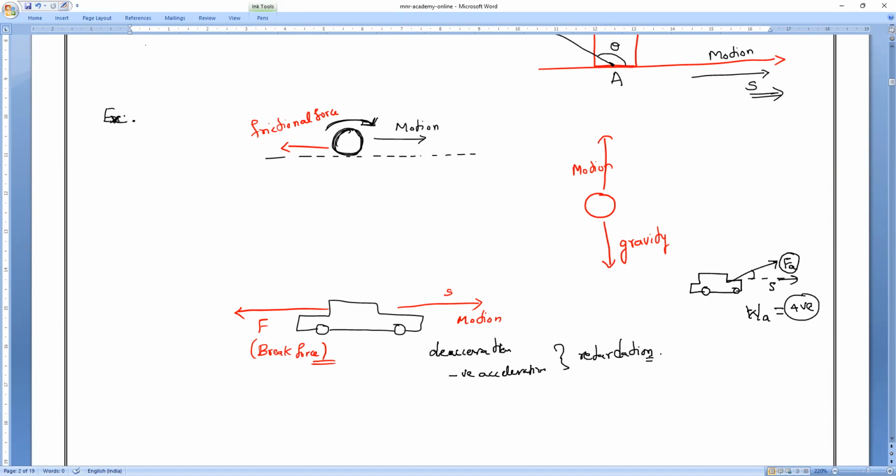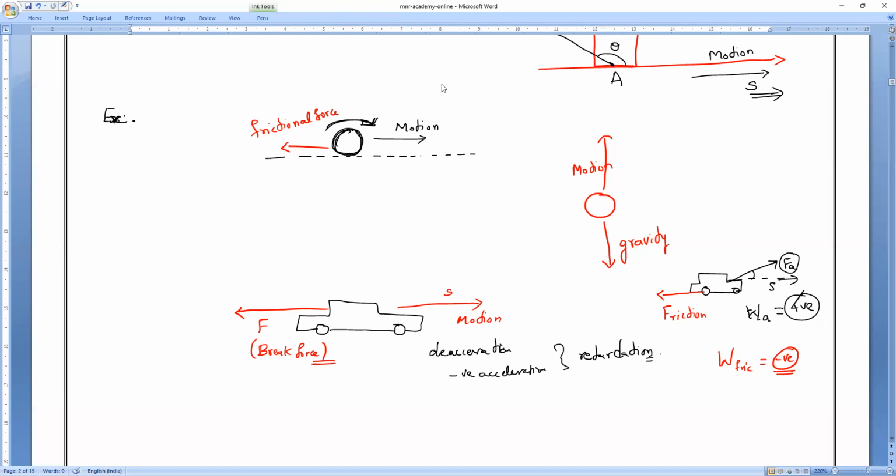But whenever you are moving the car forward, there is still a force acting in the backward direction. That force we call friction, the frictional force. The work done by the frictional force is equal to negative. Do you understand your question now, Padma?